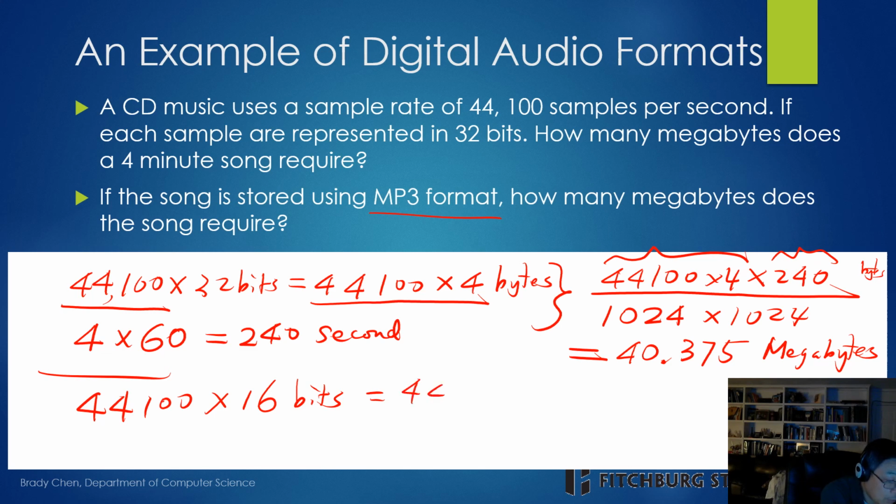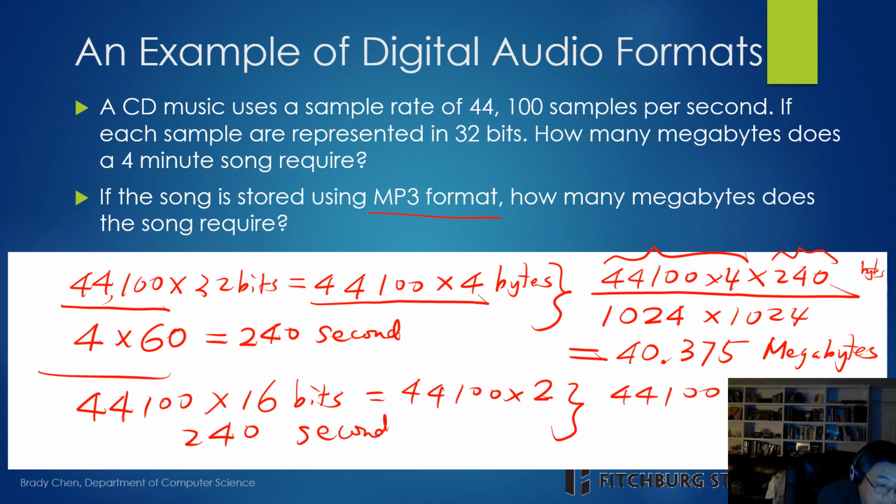So it's 44,100 times 2. That's the number of bytes, and then if we still count the total time, 240 seconds, then we got 44,100 times 2 times 240 divided by 1024 divided by 1024.